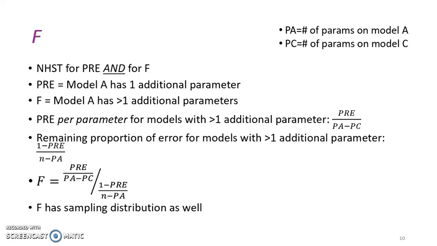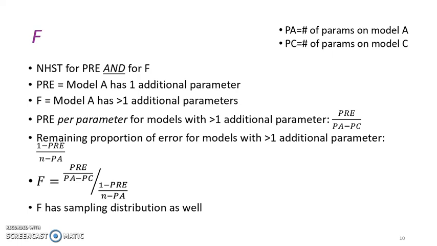But then we divide that value by the number of scores minus the number of parameters in model A, recalling that in this situation, model A has more than one additional parameter compared to model C. This is the denominator for the F statistic. So PRE per parameter is the numerator for F, and the remaining proportion of error is the denominator for F.